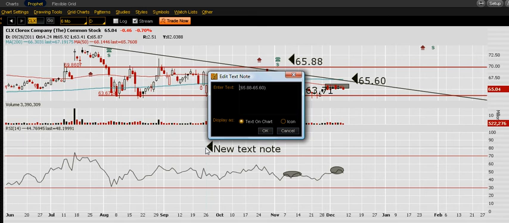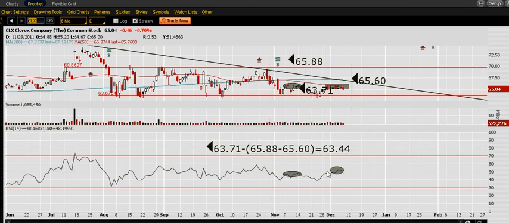We're going to subtract whatever that number gives us from the low, which was 63.71 minus that. So it's going to be 63.71 minus 28 cents, and that's going to give us a target of roughly about 63.44. So that's going to give us a short-term target of 63.44, which is pretty much the resistance right here.